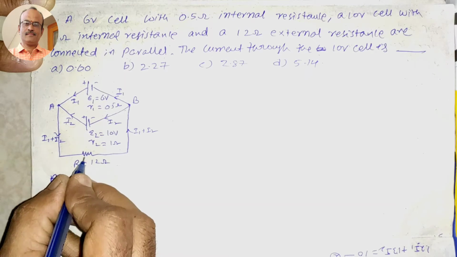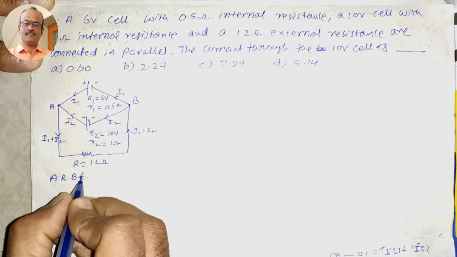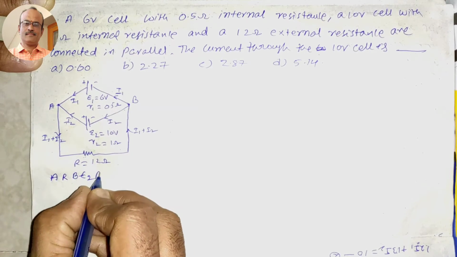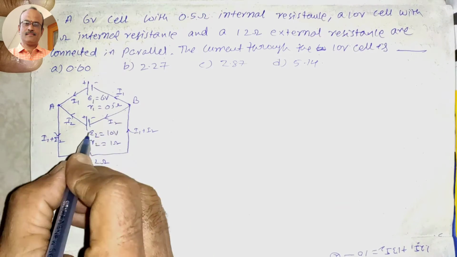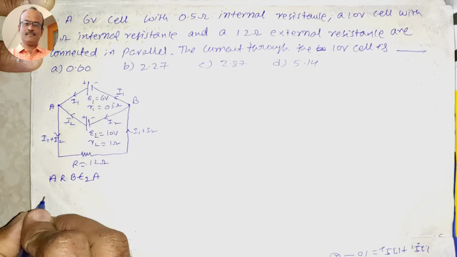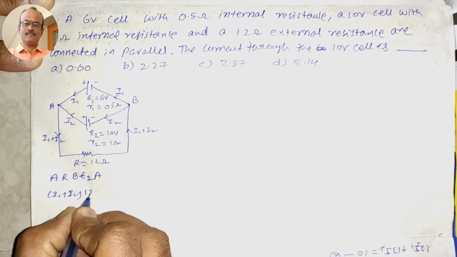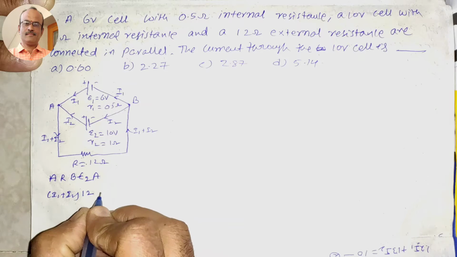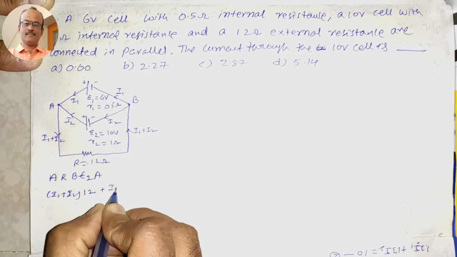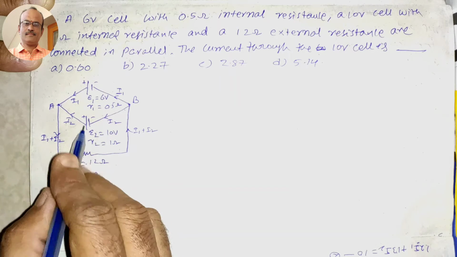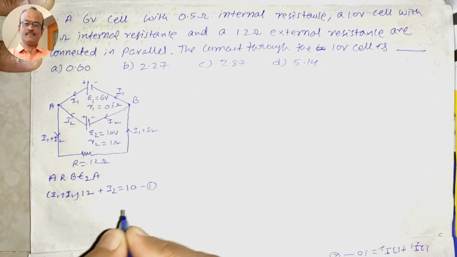A and resistance R and B and here E2, then A. This is one loop, A, R, B, E2, A. So in this one, first of all I1 plus I2, this is the current, and with 12, plus it is moving through this one I2, that I2 into 1, internal resistance is 1, here is equal to 10 volts. This is the equation number 1.